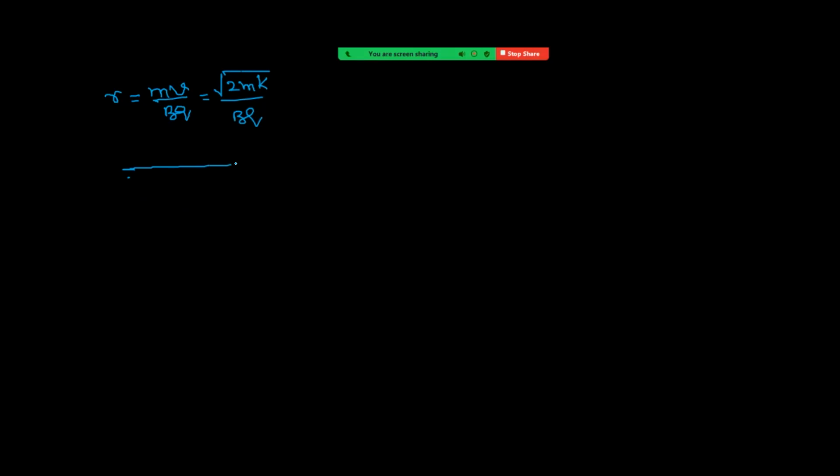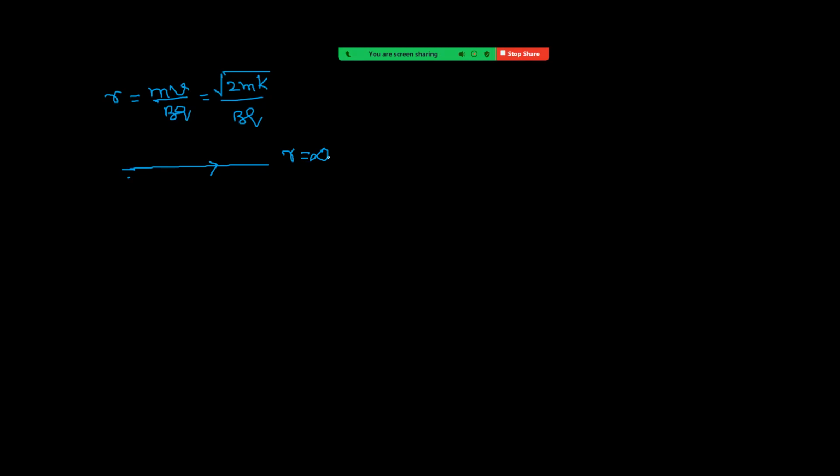Moving in a straight line means there is no deviation, right? And in a straight line the radius R is infinity.